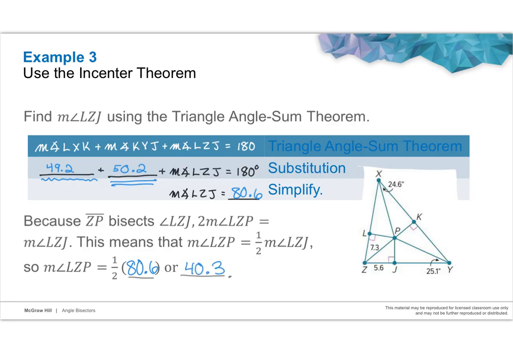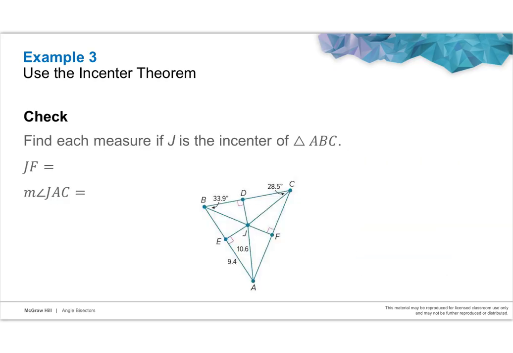And there's the answer to our problem, because remember, this angle right there was what we were asked at the beginning. Take a pause on the video and see if you can work out, with the in center here of point J, the value of JF and the measure of angle JAC.